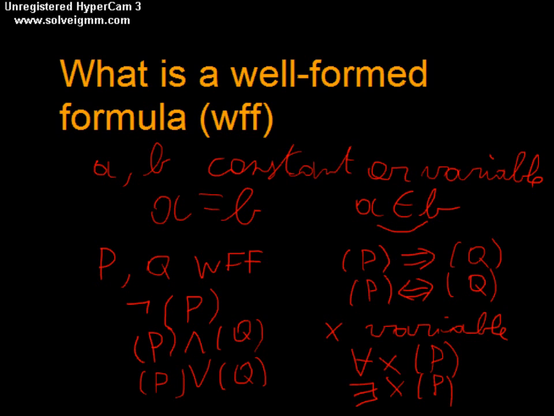Now notice it might be strange that we don't really have a set in which X belongs. Indeed, our quantifiers run over the entire universe, not just on some elements of some set. Now, if we want to form a quantifier like for all X element of A, P, this can be done.